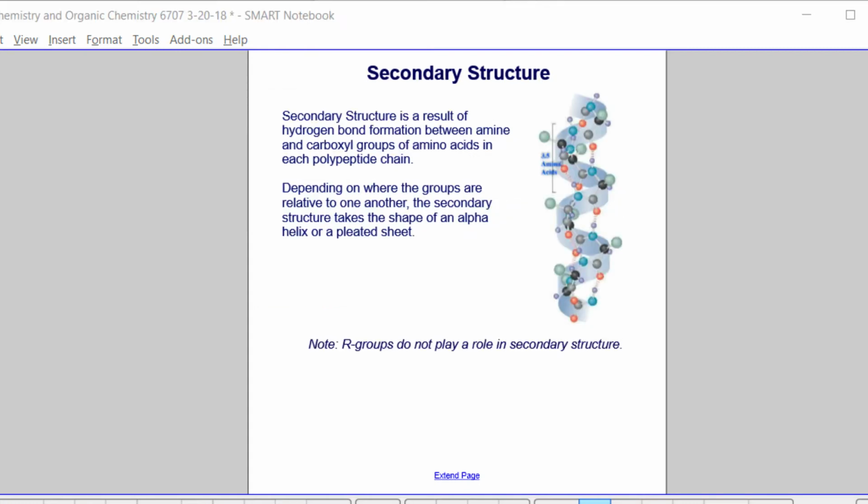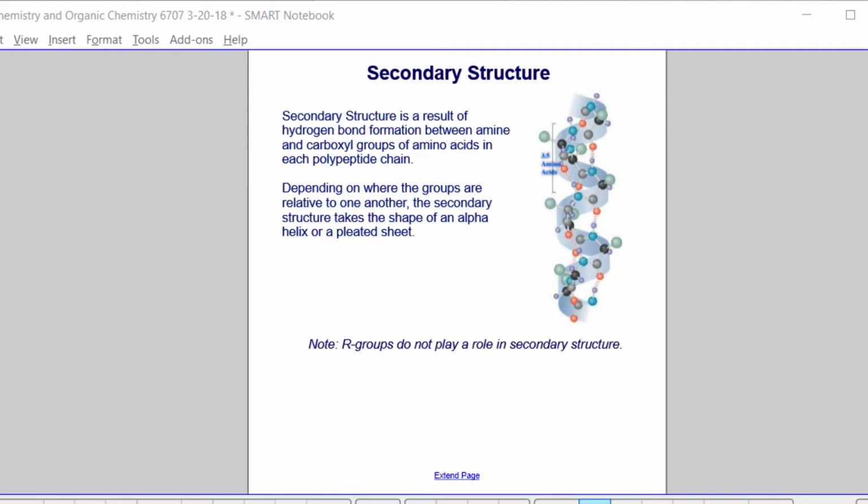Secondary structure is a result of hydrogen bond formation between amine and carboxyl groups of amino acids in each polypeptide chain. Depending on where the groups are relative to one another, the secondary structure takes the shape of an alpha helix or a pleated sheet.